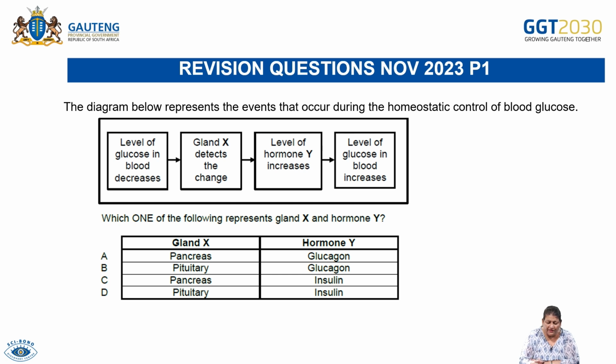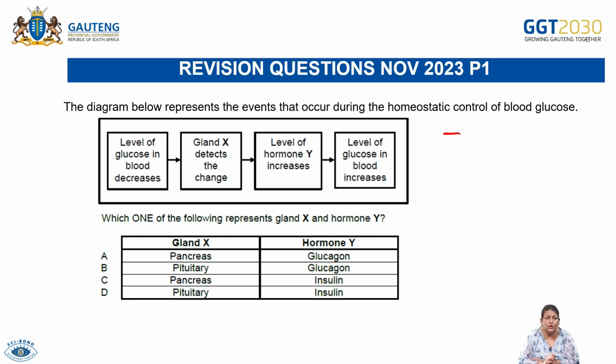Now, when you have a low level of glucose in the blood, what is the homeostatic or negative feedback that's going to happen to bring about homeostasis, to ensure that the glucose is kept constant and not too low or too high? So when the glucose level is low in the blood, gland X detects the change. What will be gland X?